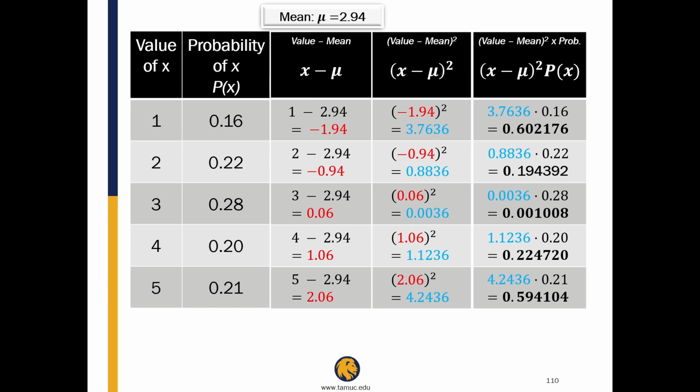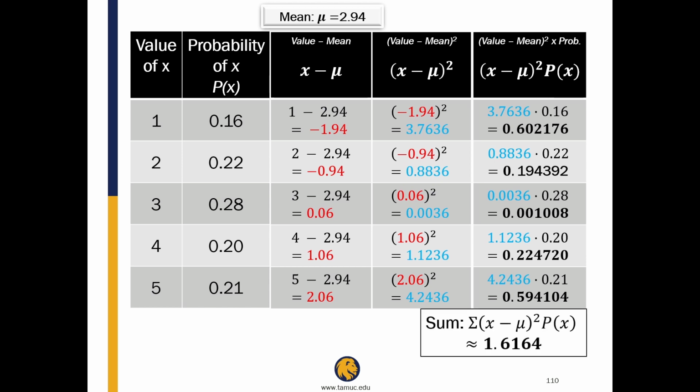I'm keeping them in fairly long here so I don't round too much. But once we did this step, comes the last step where we sum all these numbers together. So if we add together all the decimal numbers we got after multiplying the probability, the sum is approximately 1.6164. That's what we call the variance, and I went ahead and rounded it to 1.62.